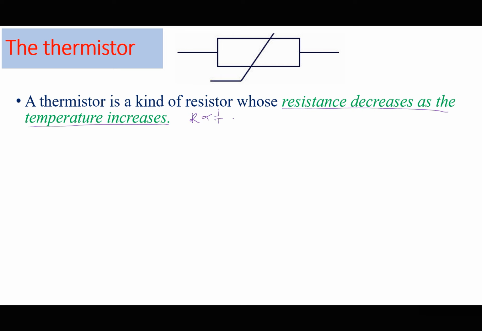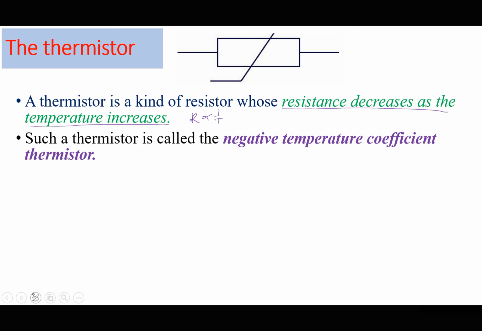Recall, for a normal metal conductor, we saw that the resistance was directly proportional to temperature. However, a thermistor has its resistance inversely proportional to temperature. Normally, it is only semiconductors or materials made from semiconductors that have their resistance vary inversely with temperature. So most likely the thermistor is made out of a semiconductor.